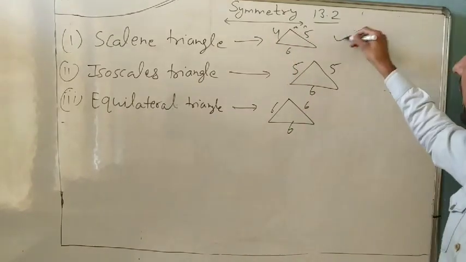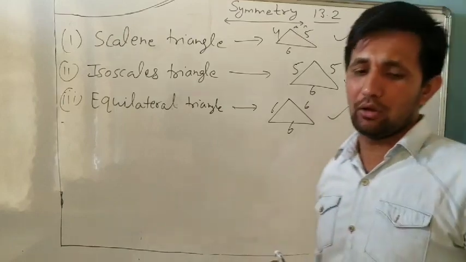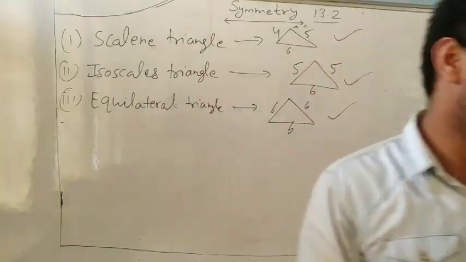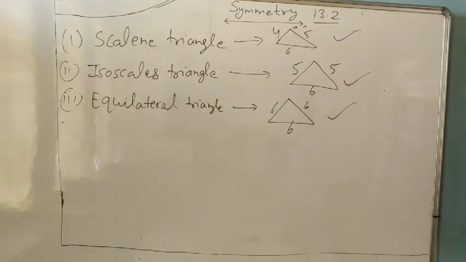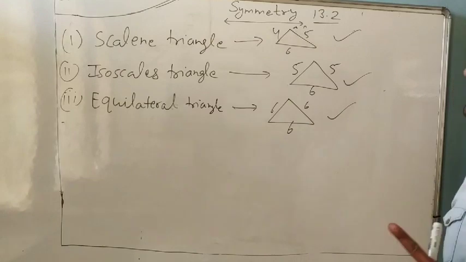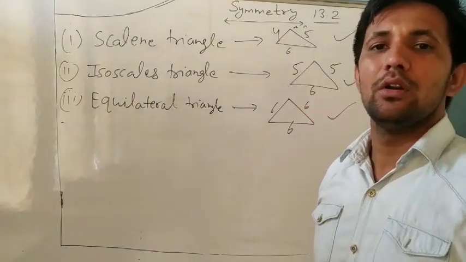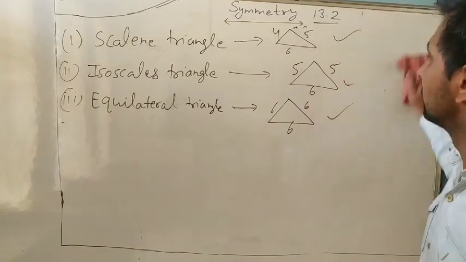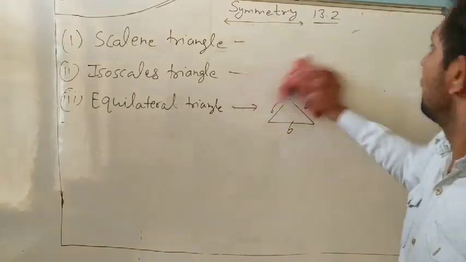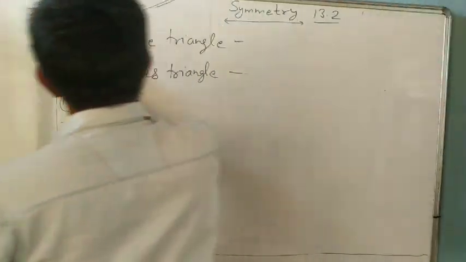All 3 sides are different. So remember this. I already told you, we already finished this in chapter number 8. Okay, scalene triangle, isosceles triangle, equilateral triangle, regular hexagon. Note it down. So now we will do our exercise. Next question.